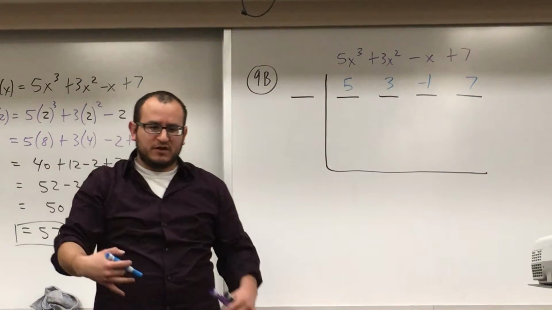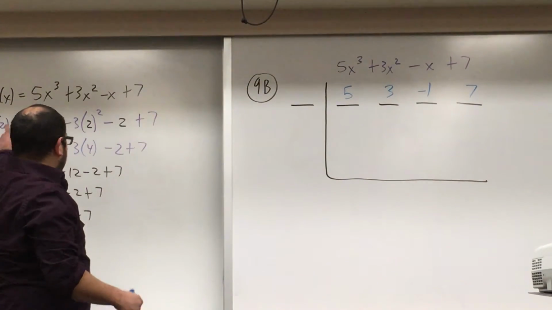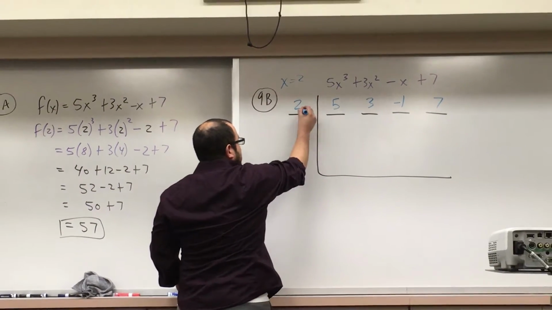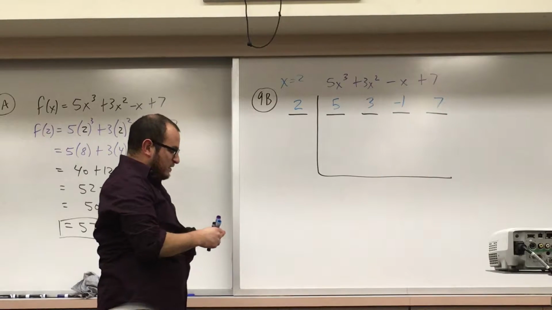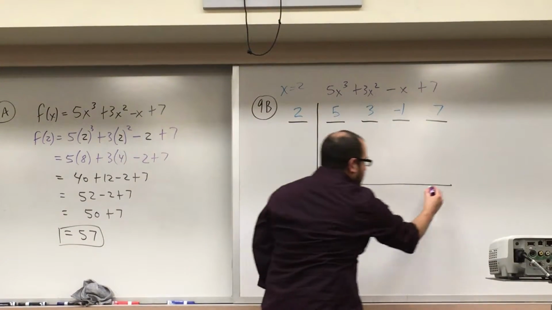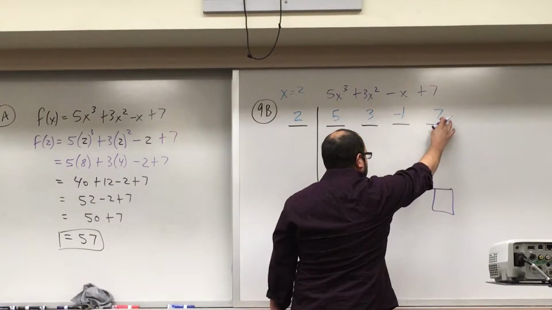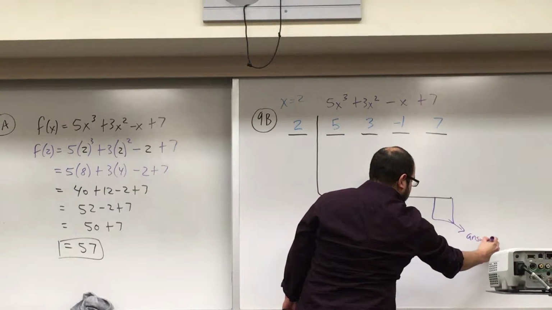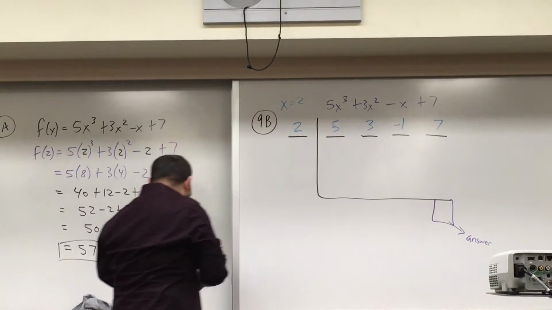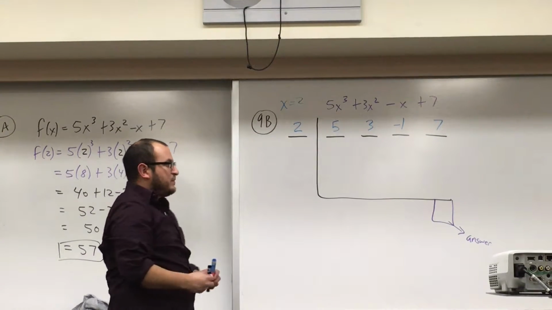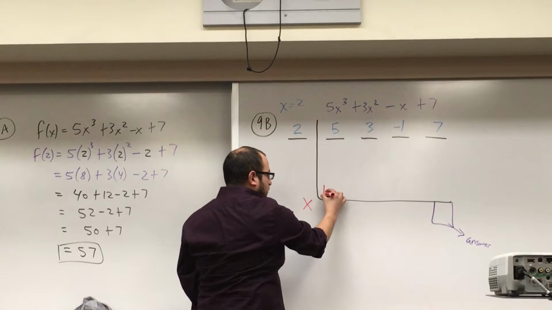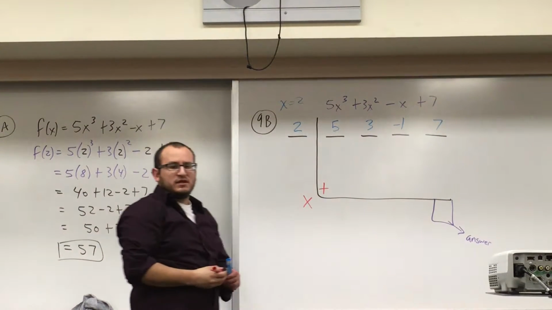What are we plugging into the function? They told us it's x is equal to 2. So, let's go ahead and put 2 there. When you work this out, your answer is going to be here in the last box. This will be your answer. Remember that we're multiplying numbers on the outside, we're adding numbers on the inside.